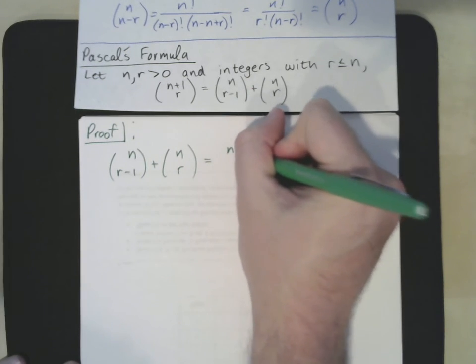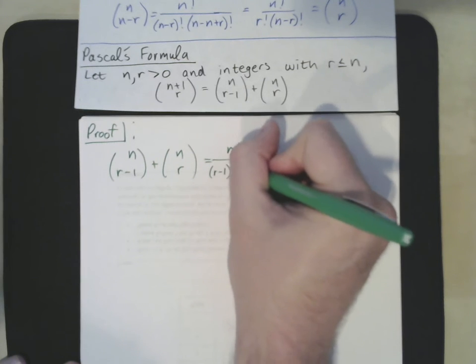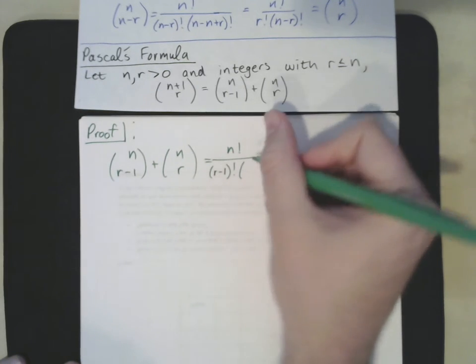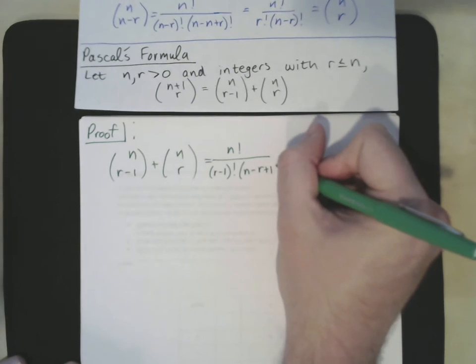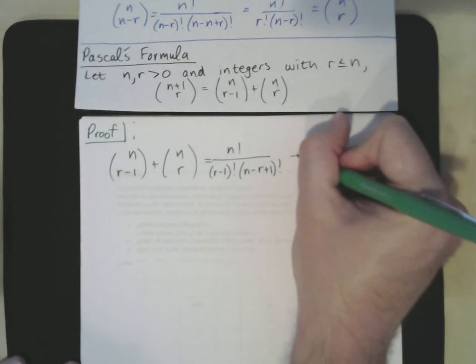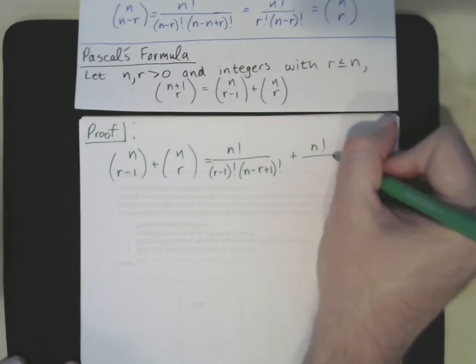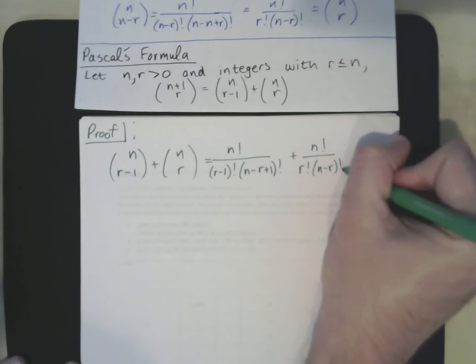So this is n factorial over r minus 1 factorial times n minus r plus 1 factorial, plus n factorial over r factorial times n minus r factorial.